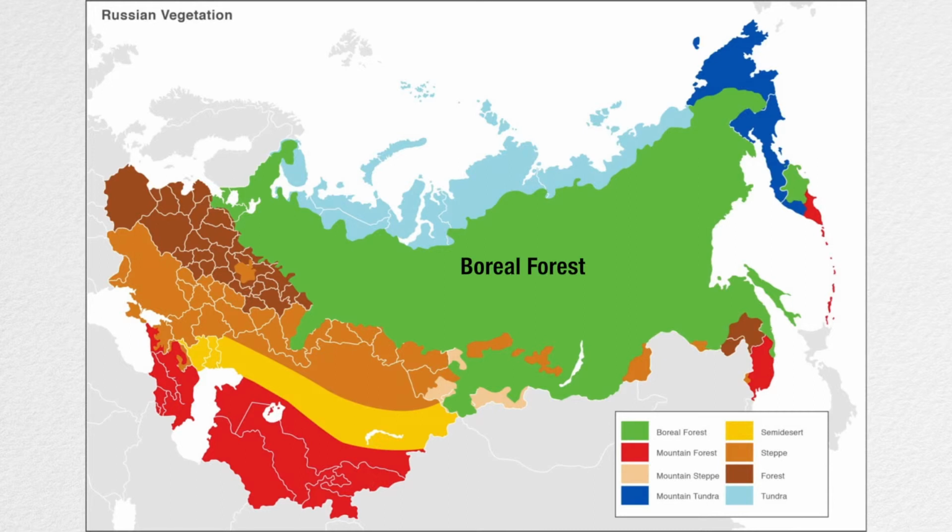Only in the southwest, around what is now Moscow, do we find a transition zone between coniferous and deciduous or broadleaf forests. In this area of mixed deciduous coniferous forest, we find the dense tree growth around Moscow that we'll return to in a moment.